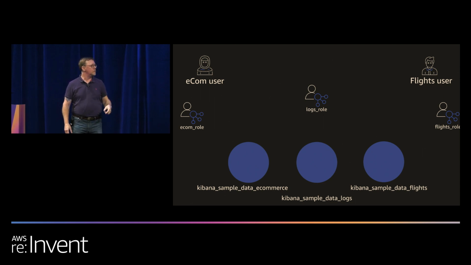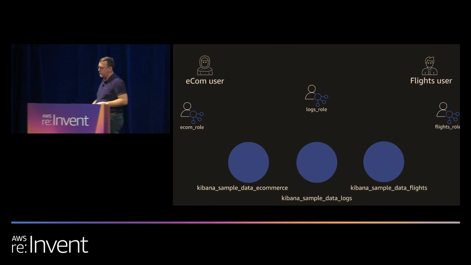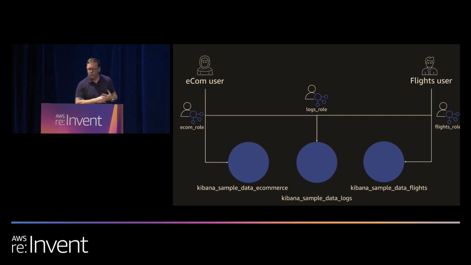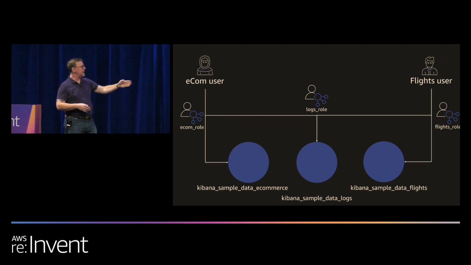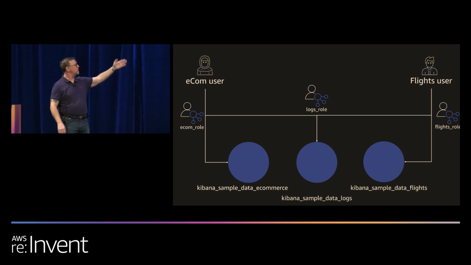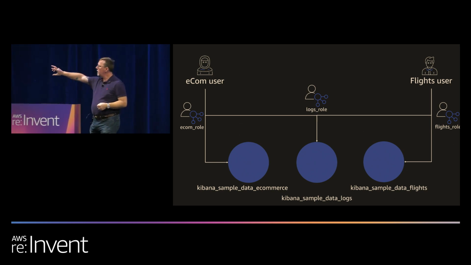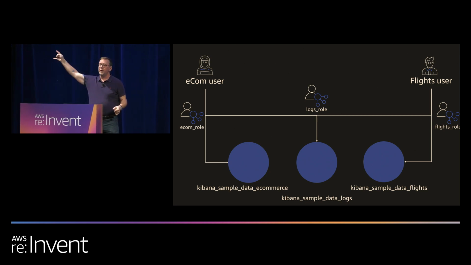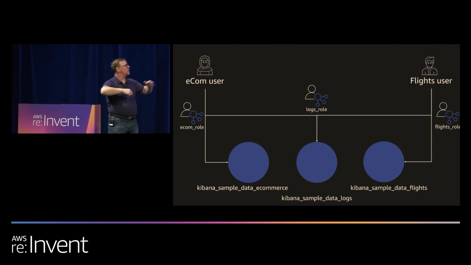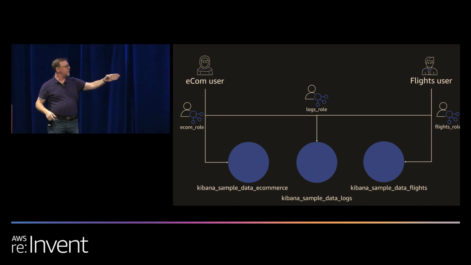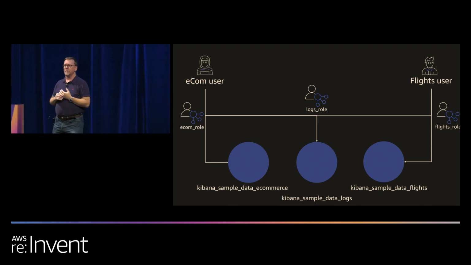Flights gets access to the flights index, the logs role gets access to the sample logs, and the ecom user gets access to the ecom data. Both of the users are going to have access to the logs role. Okay? So ecom for e-commerce data, flights for flights data, and then everybody gets access to the logs.